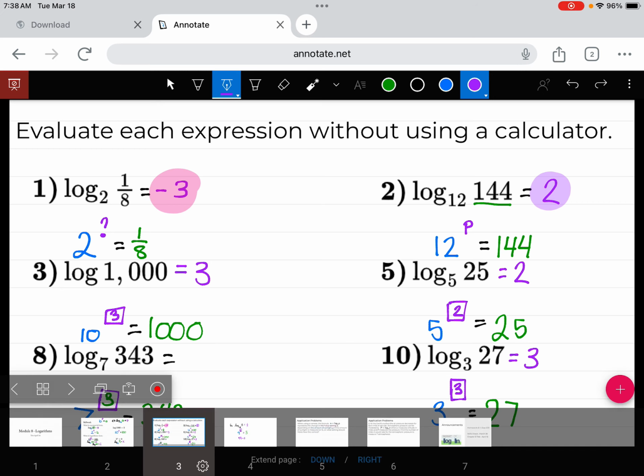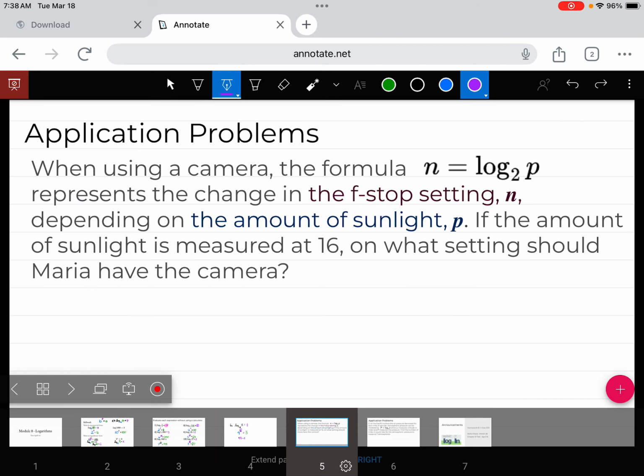So the reason we have these are those bottom 2 questions on the page. The reason we start having logarithms is for things like this. This is apparently a for real thing in photography. Honestly, you usually put it in a little app for it to tell you things. I'm not a camera person, but there are f-stop settings and formulas.